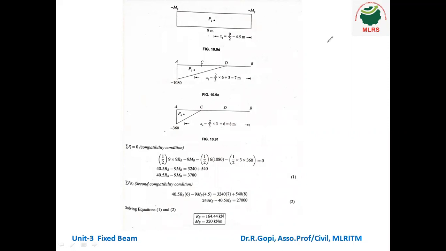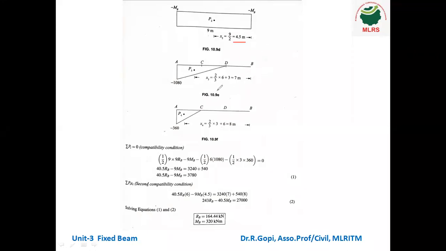If a moment is acting directly, the bending moment diagram is a rectangle. Okay, it's a rectangle. So what is the corresponding centroid distance? It is B by 2, so 9/2. So the length of that bending moment diagram divided by 2 is 4.5 meter.